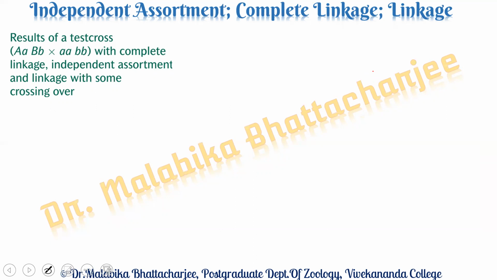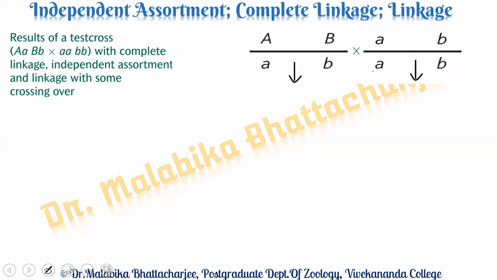So again, we have a capital A small a pair and a capital B small b pair, but the A and B genes are present on the same chromosome. So let's look at the picture. This is the cross that has been written here.